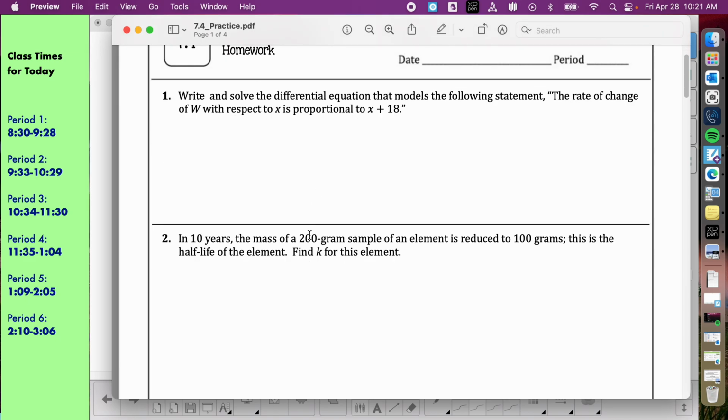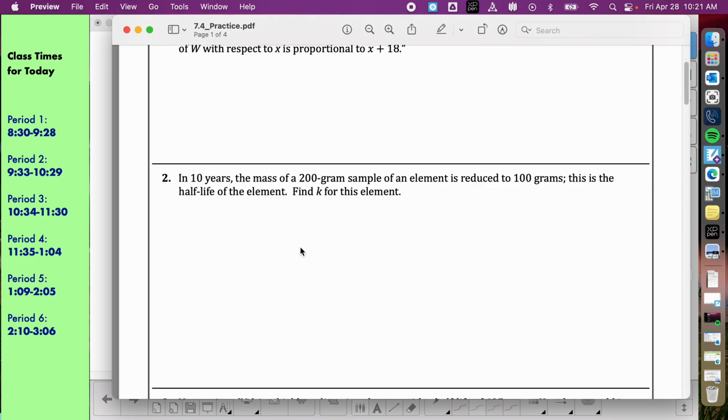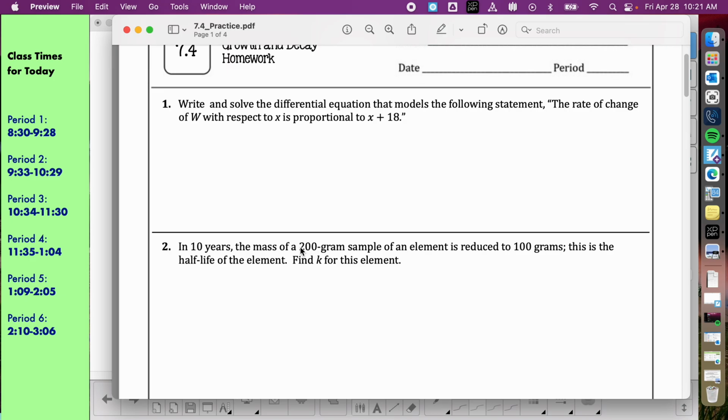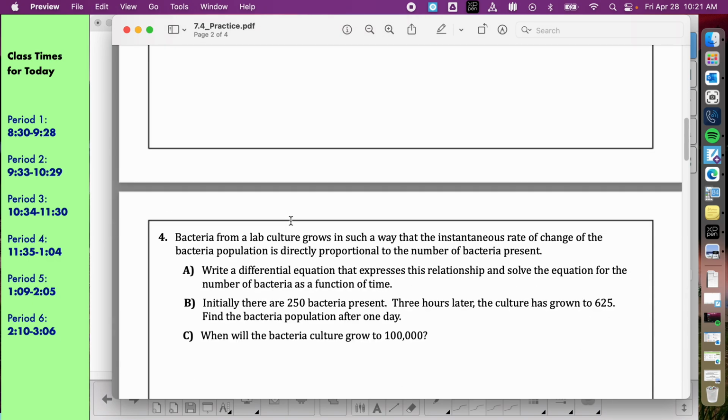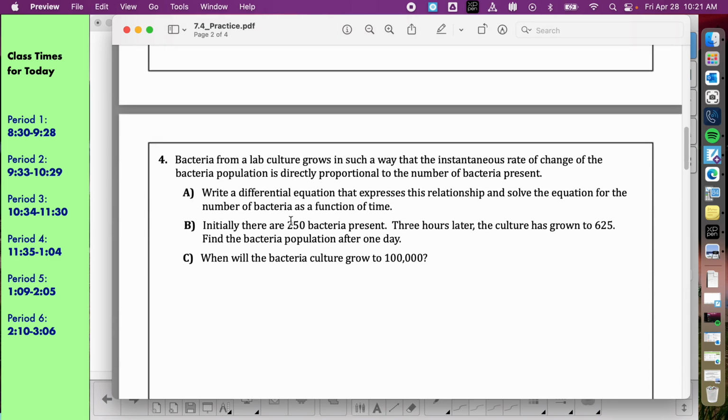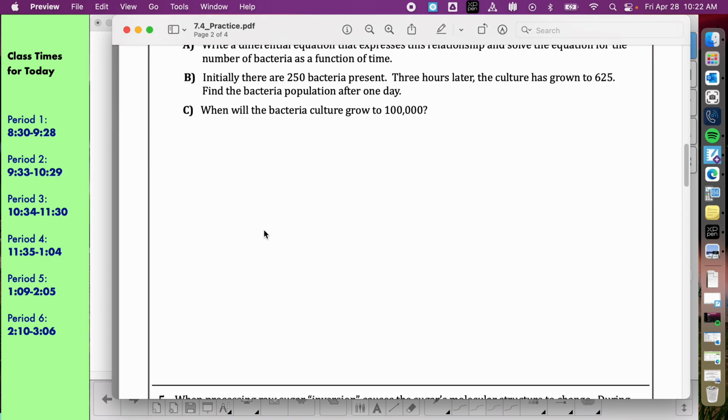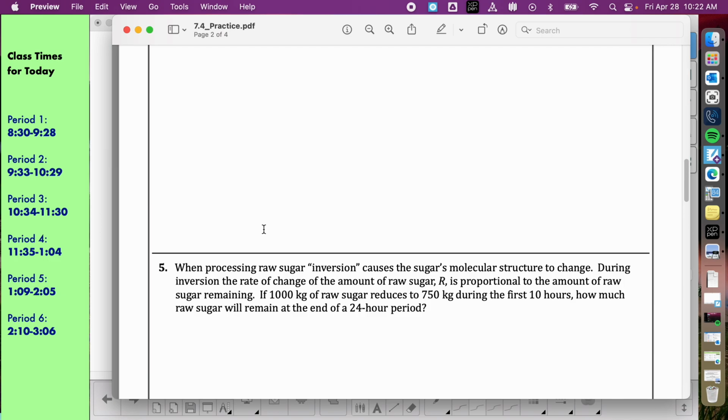Number 2 would be good. Oh, let me back up. Number 1, circle number 1, not number 2. Half-Life. Circle number 4. Number 1, number 4. Apparently they're all mixed around.